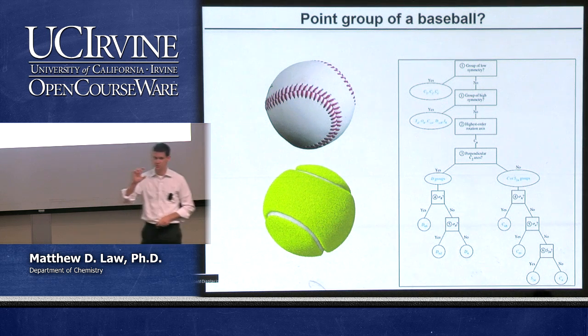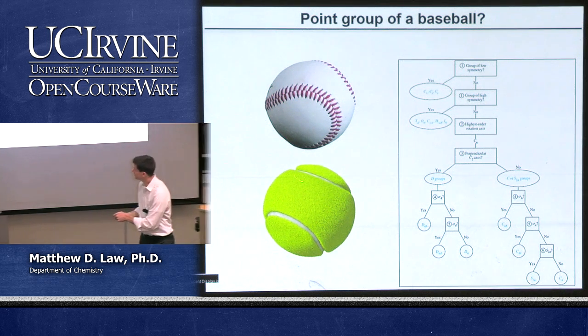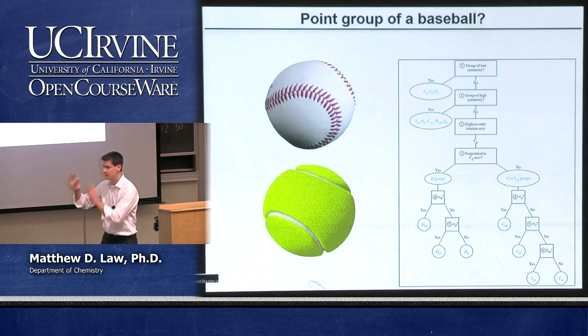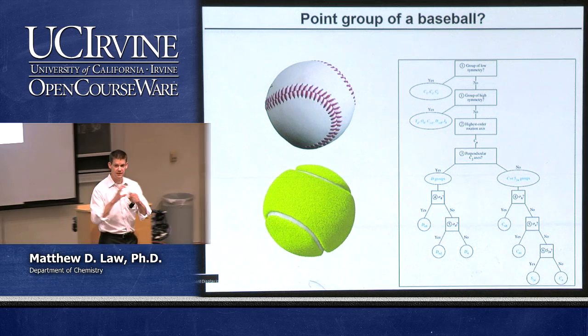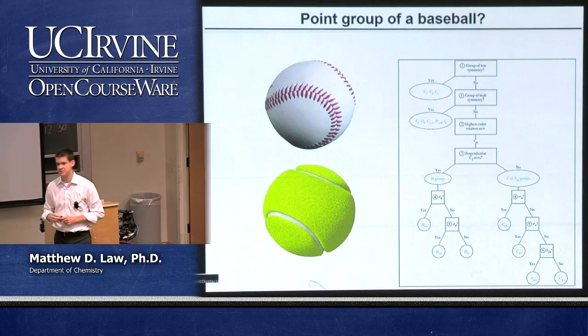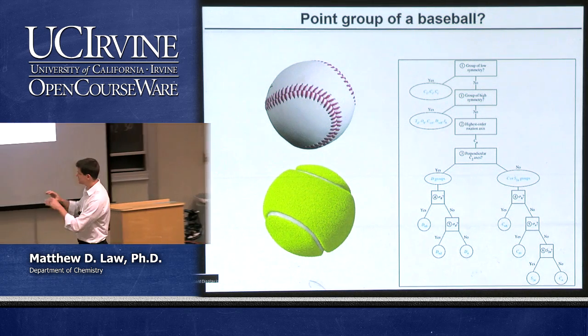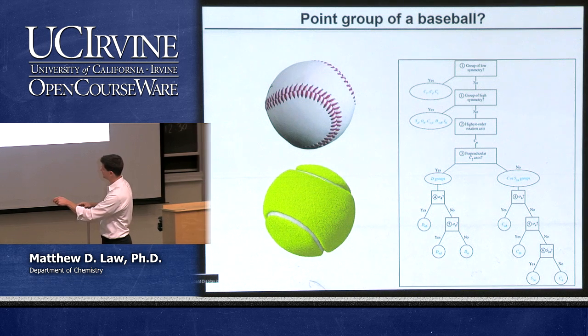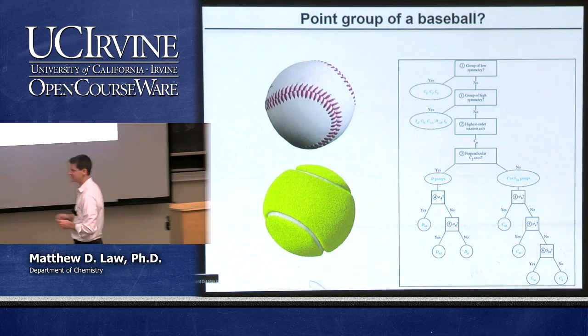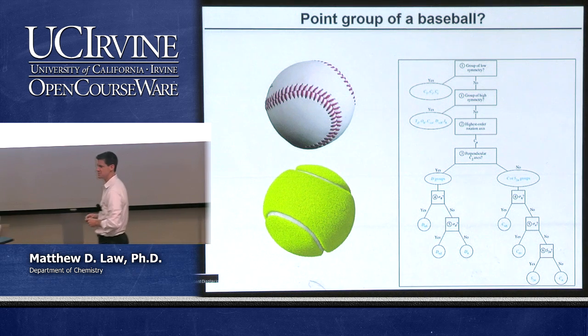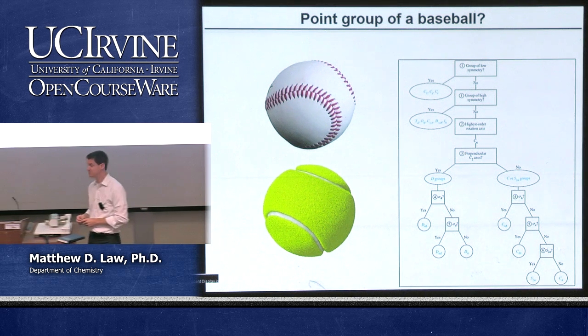If you get yourself a tennis ball and put one finger here and one finger here, and use your other hand to rotate the tennis ball, you'll see that after 180 degrees, the tennis ball looks exactly the same. Remember, the stitching does a funny pattern on the back, and when you rotate it around, you'll see that it in fact is the same object, and a C2 perpendicular is a good rotational operation.